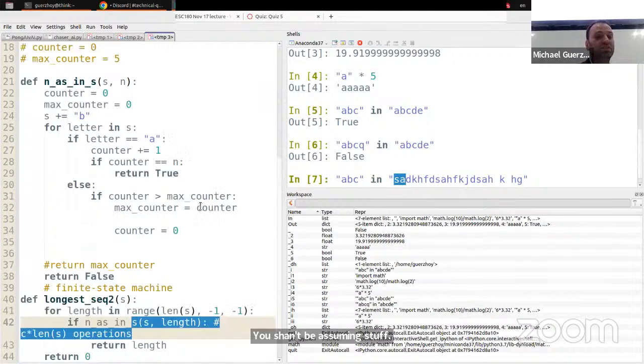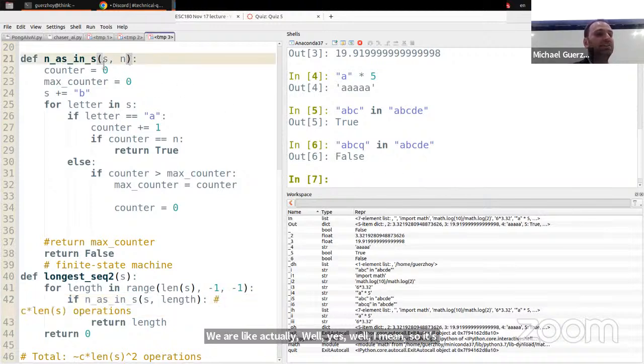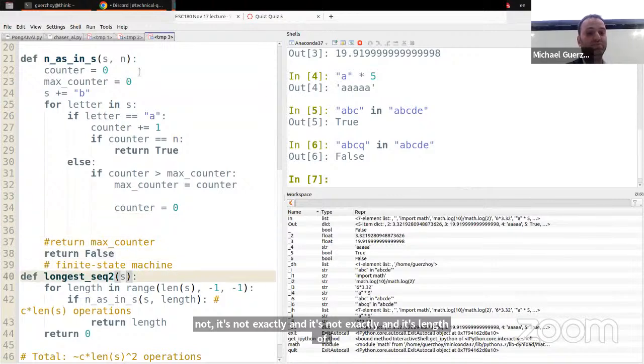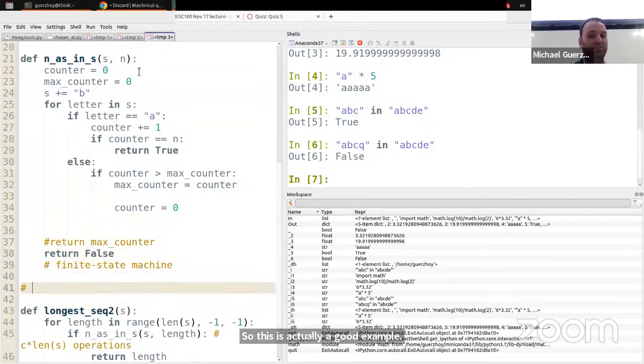Here we're not assuming, right? We are actually analyzing. So is that just n? Well, it's not exactly n, it's length of s. This is actually a good example in that n and length of s are different, right?